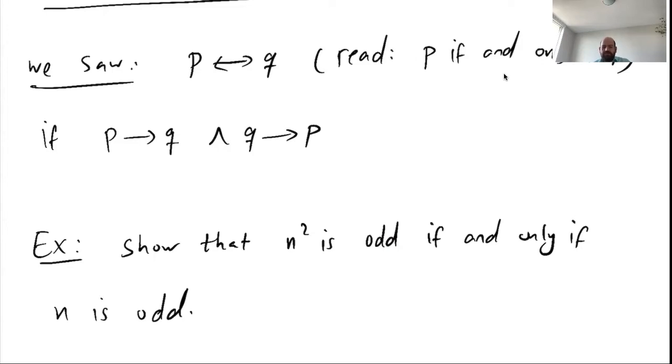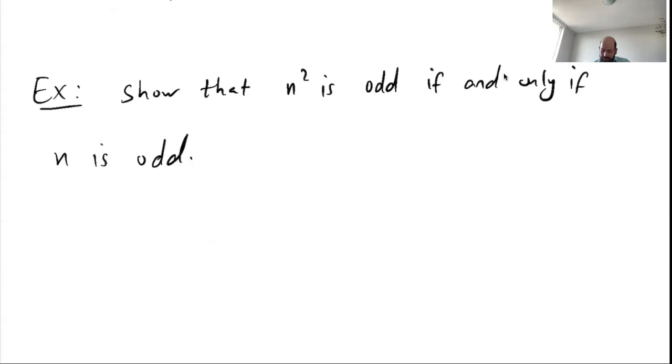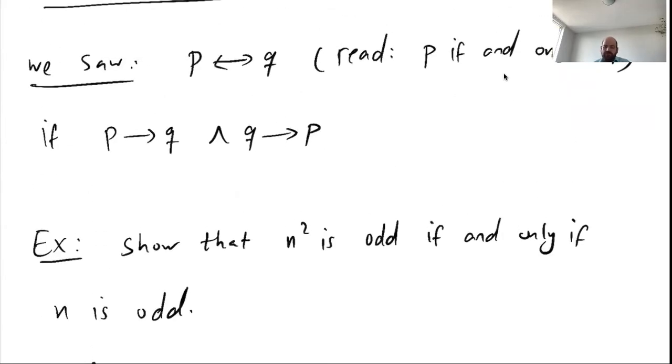Let me remind you about the proofs quickly. Usually when you want to prove an if and only if statement, it would be nice if you specify which statement you are going to prove first and which you're going to prove next. Because remember, we have to prove two statements: once P implies Q, and once Q implies P.